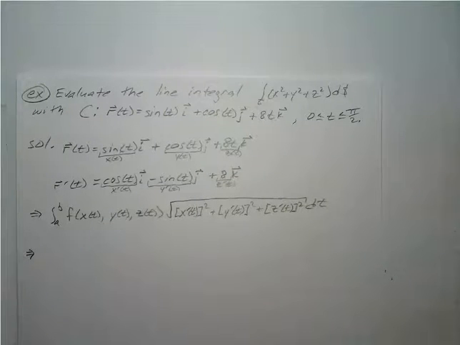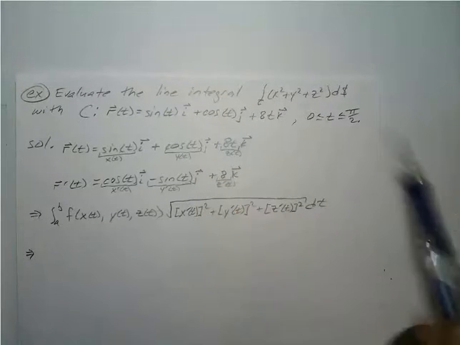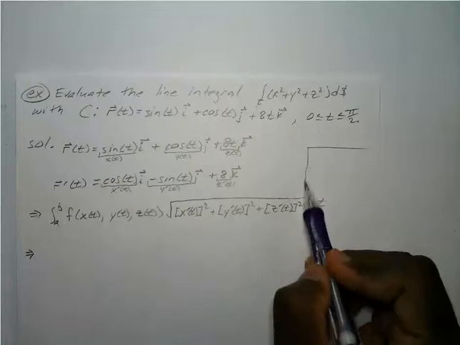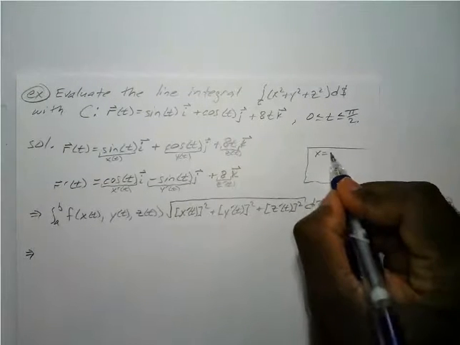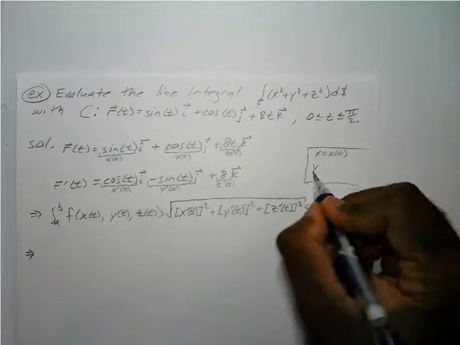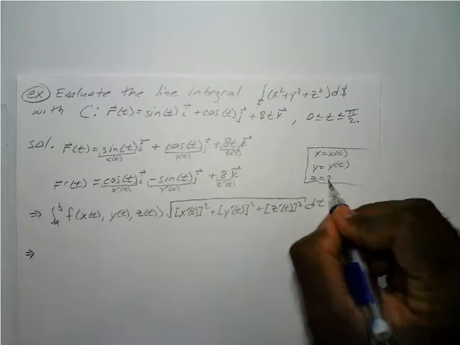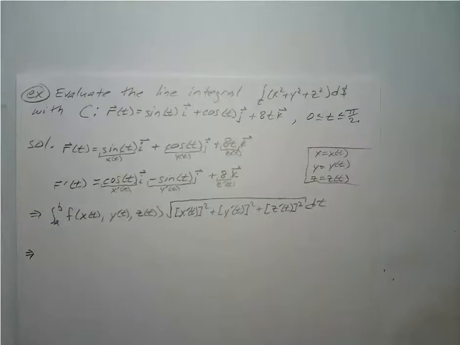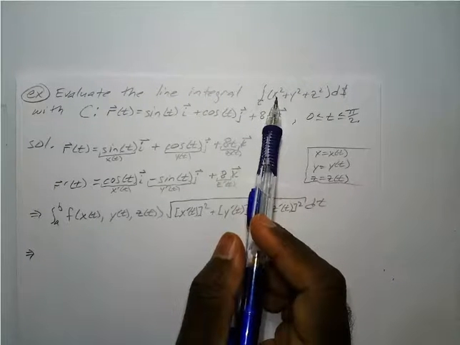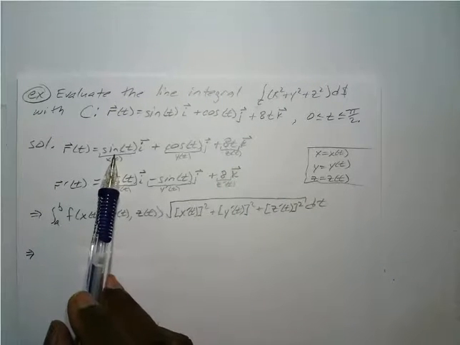All right, so you have x squared. Remember, you're going to replace x with x of t, y with y of t, and z with z of t. Okay, so you have x squared, which would become your sine of t squared.